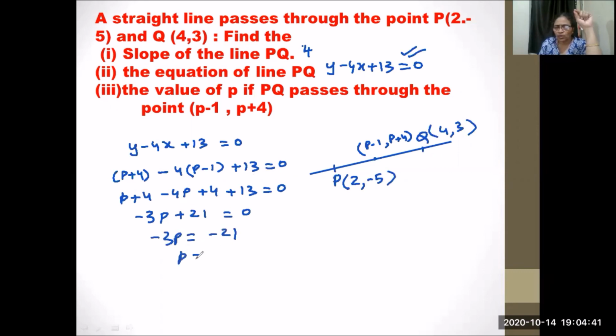So p will be equal to 7. So whatever points are given, if it passes through the line, it will satisfy the equation. This is the main thing which you need to remember in this question.